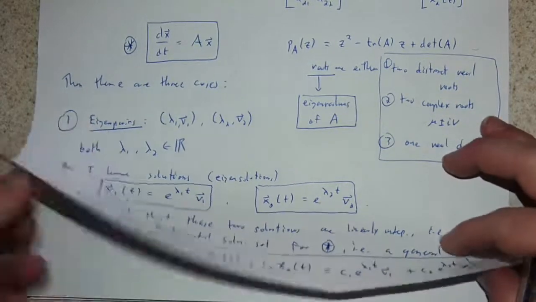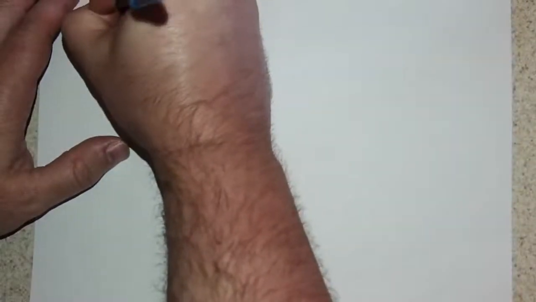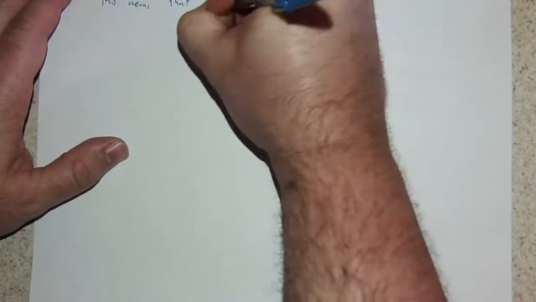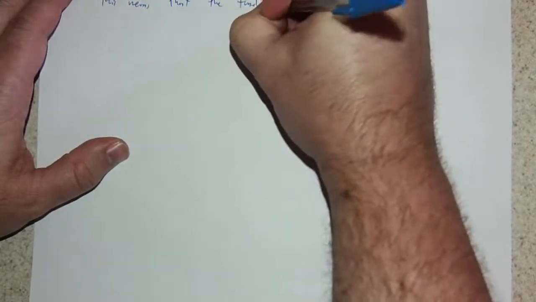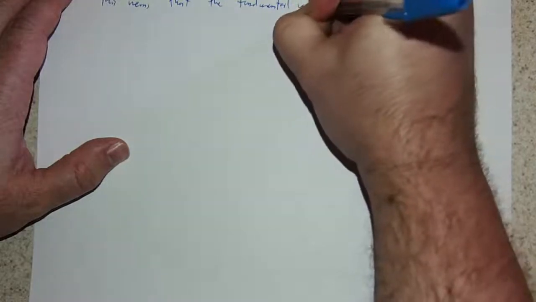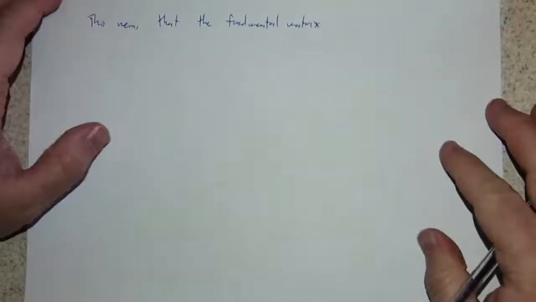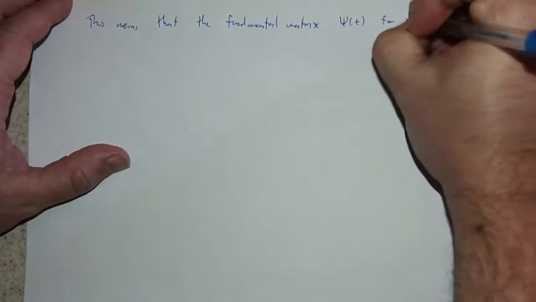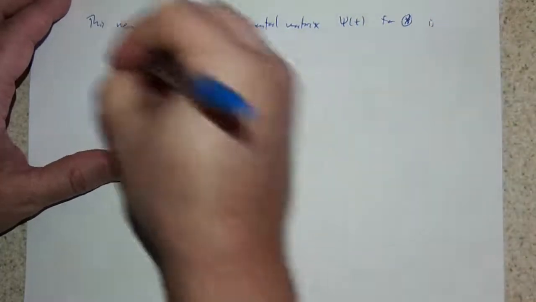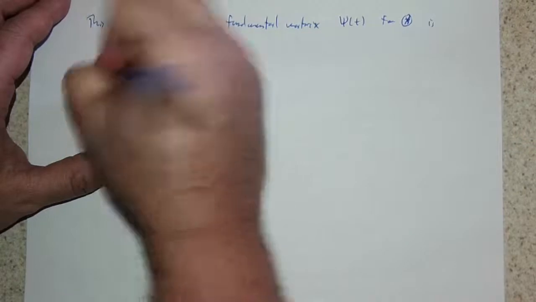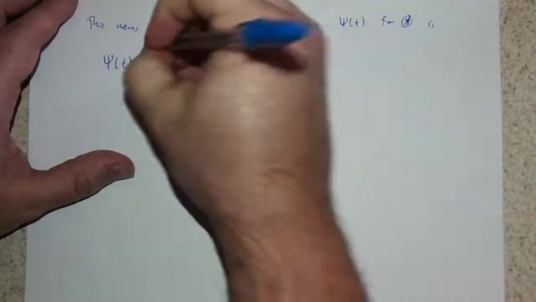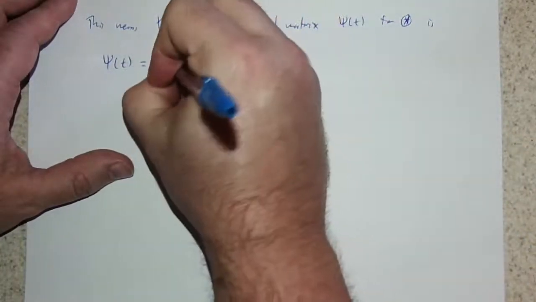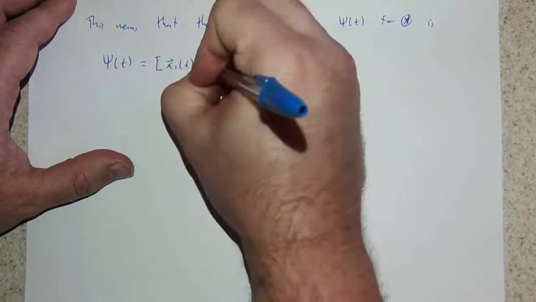This means that the fundamental matrix for star is, remember, the fundamental matrix was defined to be the matrix that had columns made up of the fundamental solution set.